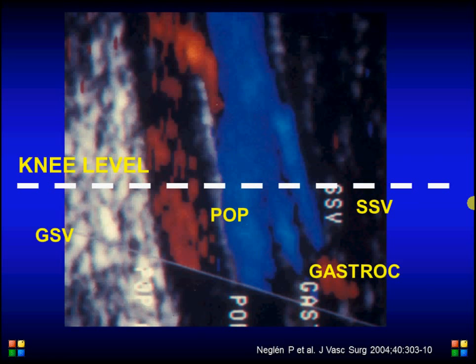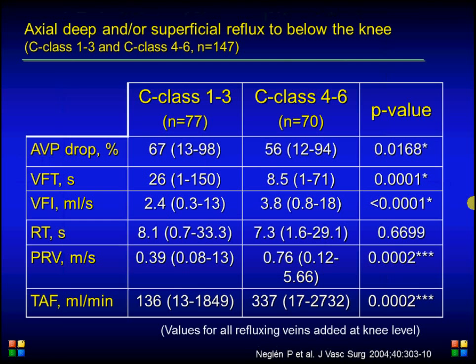And then we just added up the duration, we added up the plethysmographic test, etc. And when you look at this, we took a group of C class 1 to 3, meaning up to swelling, and then 4 to 6, which means that you have starting having skin changes, right? And these two groups, we were looking at separating these two groups.